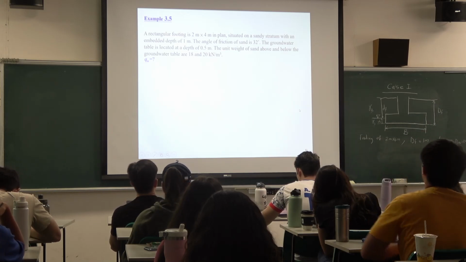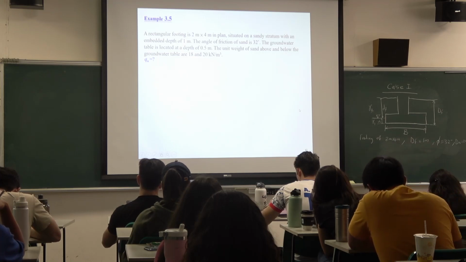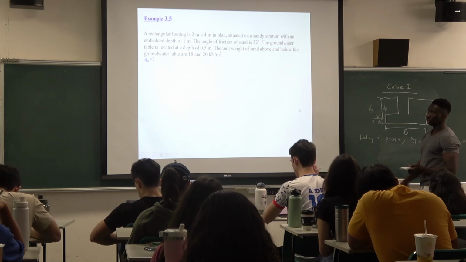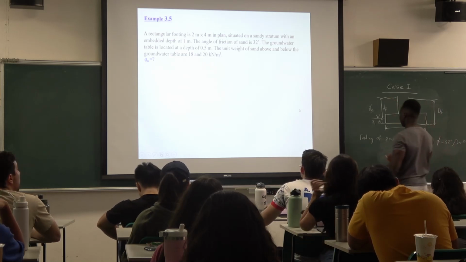By looking at this problem, these are the parameters that we need, right? And then we also get this gamma and this one. We have 18 and 20.